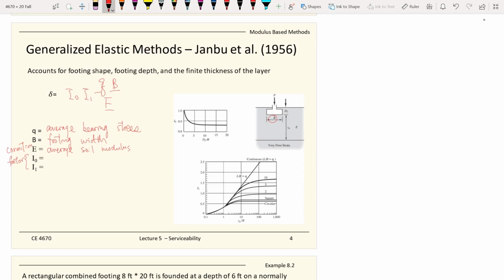So for the correction factors, I naught tries to correct for the footing depth, and I1 tries to correct for the footing shape and the thickness of compressible soil layers.